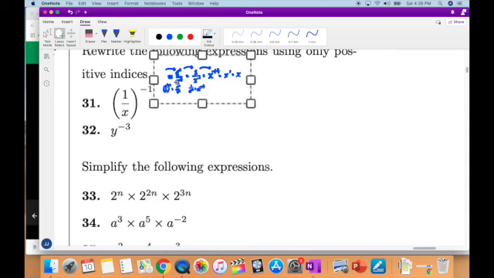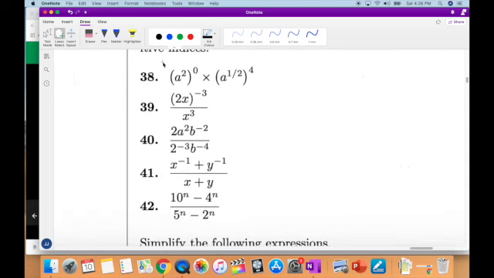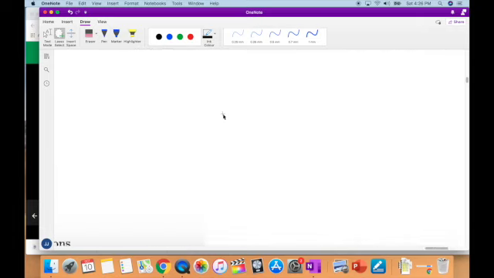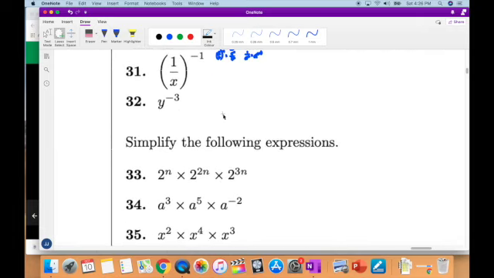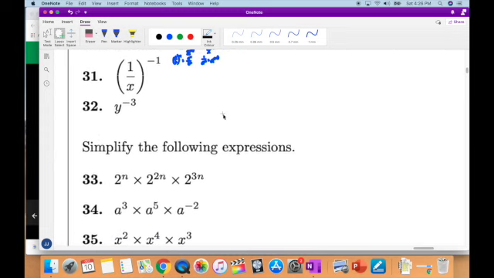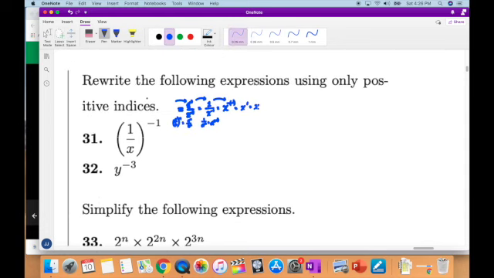And this number 32 here should be really easy. Number 32 is just one of your rules. Remember what we want to do: we want to rewrite the expression using positive indices only.